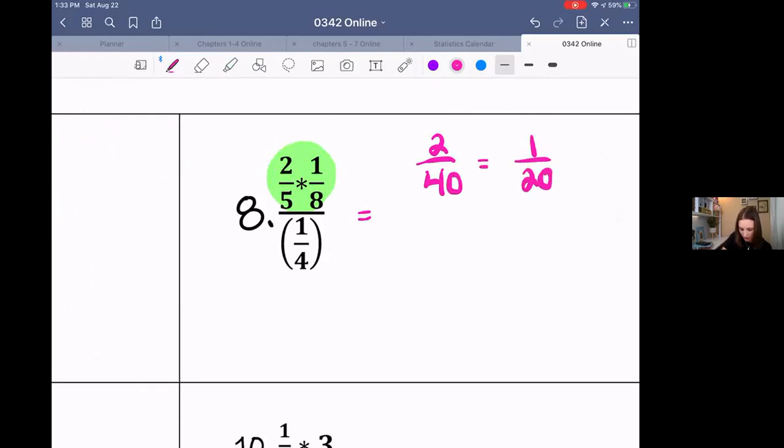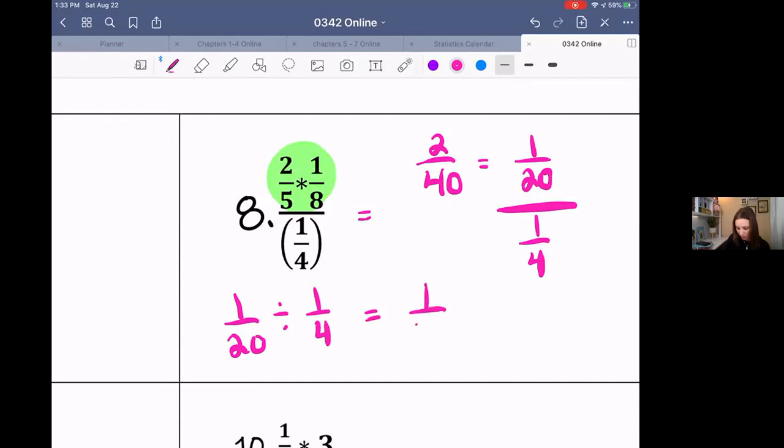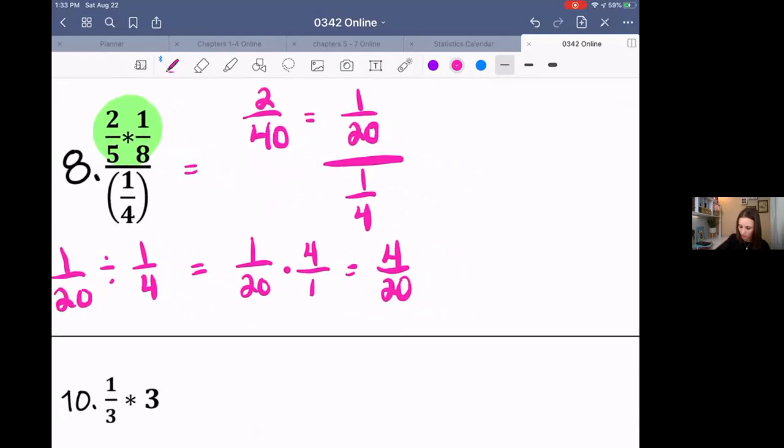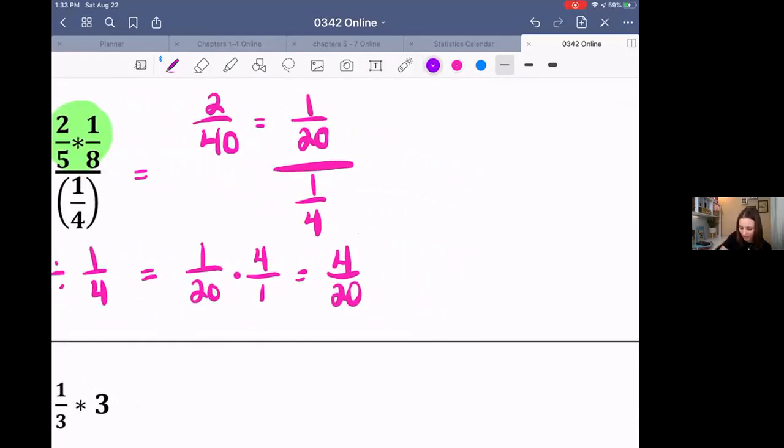Divided by 1/4. What that means is we're going to flip the second and multiply. Should get 4/20, which reduces by 4 to get 1/5.